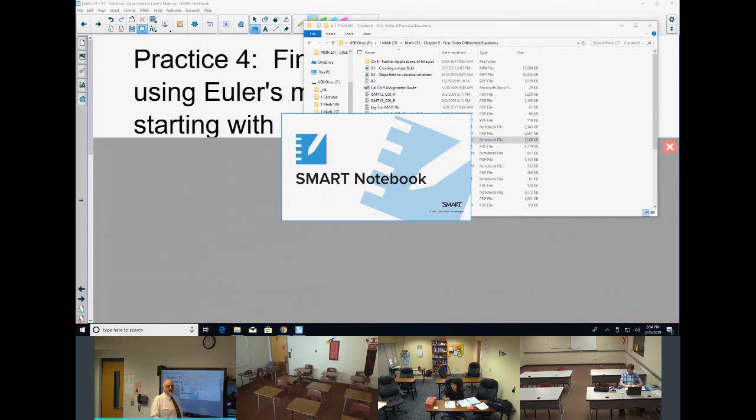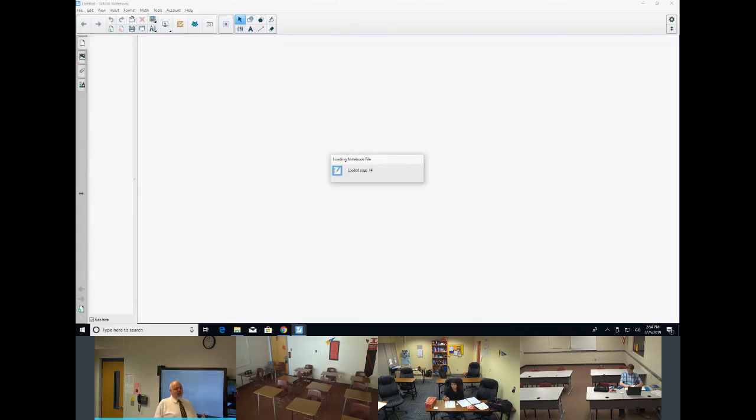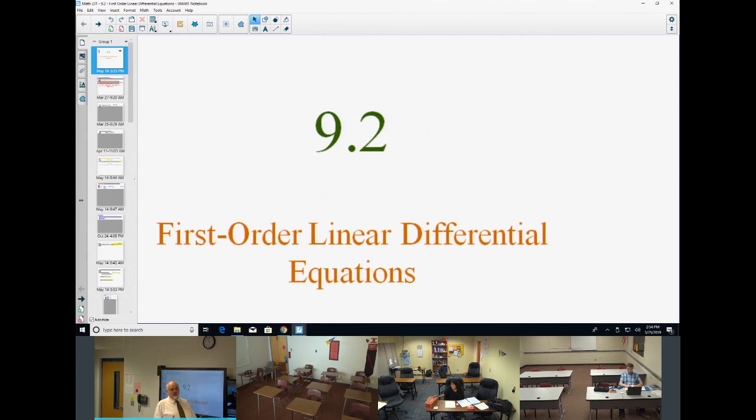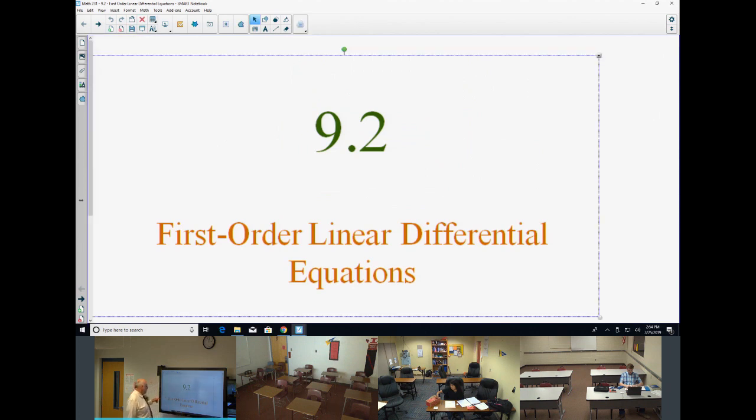Plus, I intentionally didn't have him teach from the guided notes so you could get another take on it. Then I wanted to go over the guided notes with you on 9.2. This is on first order linear differential equations.